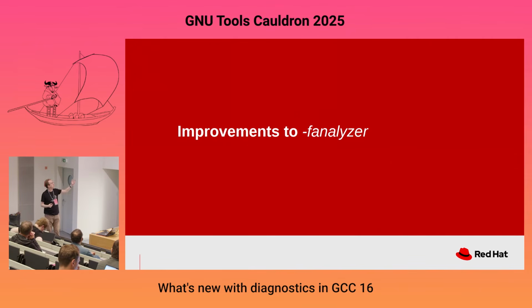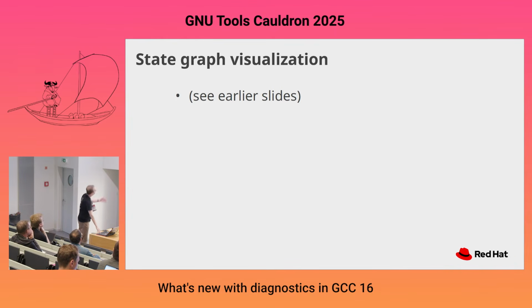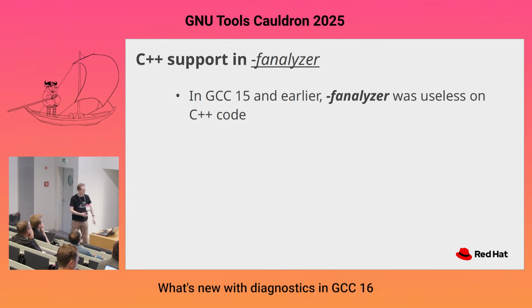Some specifics on improvements to the static analyzer. State graph visualization for me is a big thing, because debugging this has been increasingly difficult. The big thing I'm adding, whether I'm working on it, is C++ support in the static analyzer. Do not use the static analyzer on C++ code.